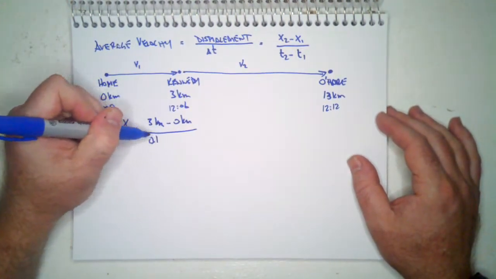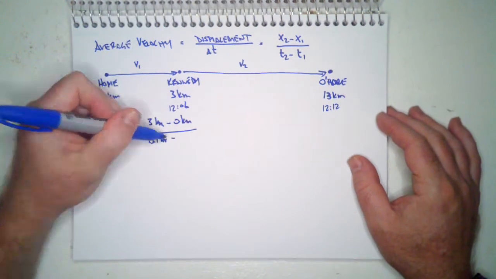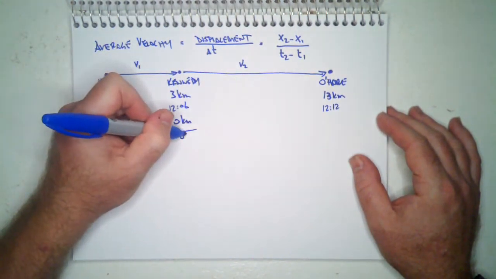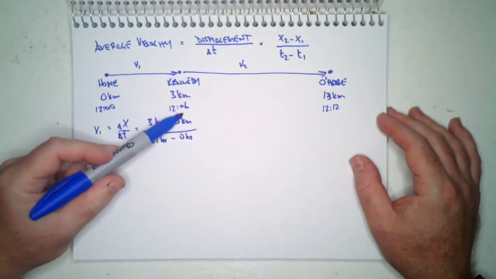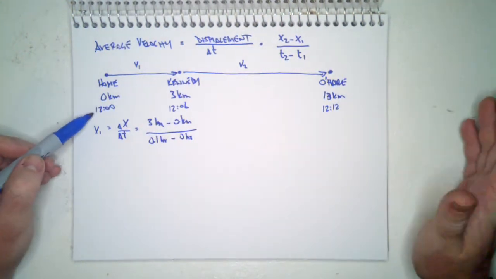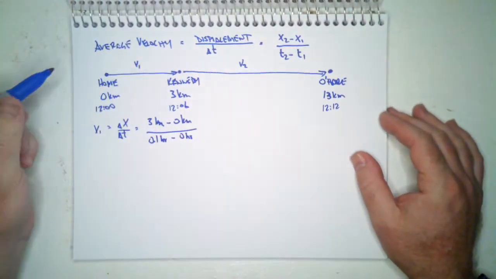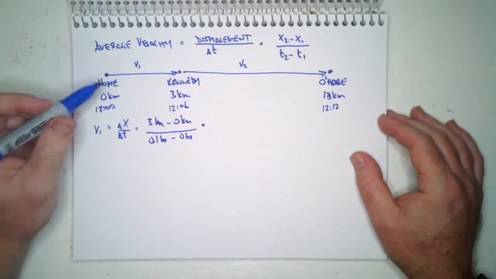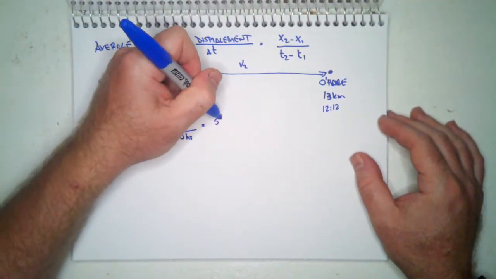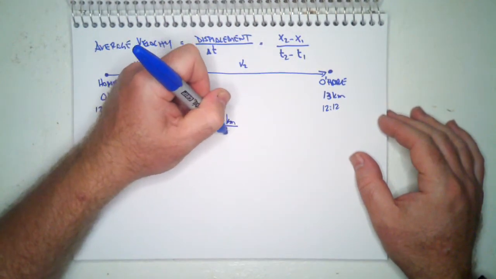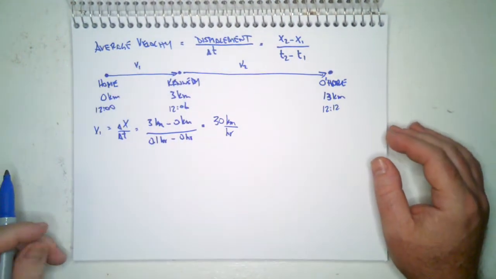So 0.1 hour minus 0 hours. So 6 minutes is 1/10 of an hour. We started at 0 because that's convenient, and it turns out that our average velocity was 30 kilometers per hour.